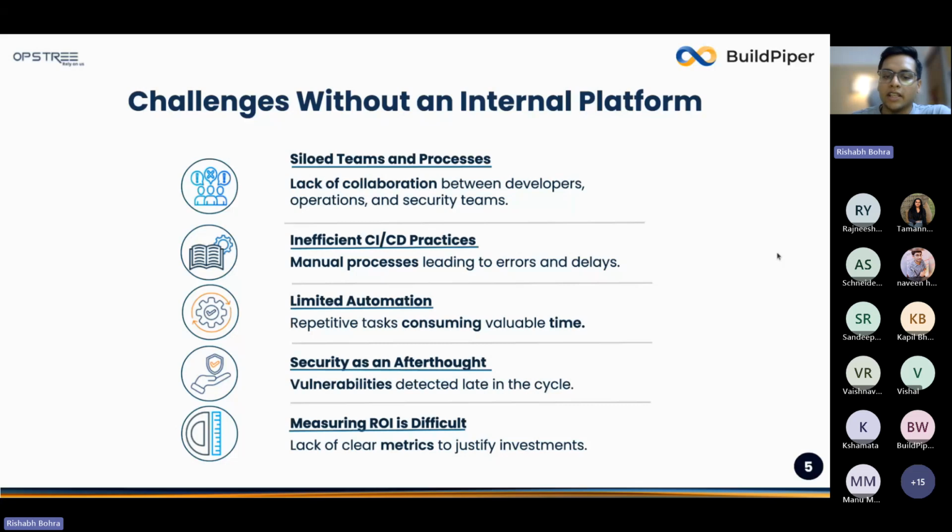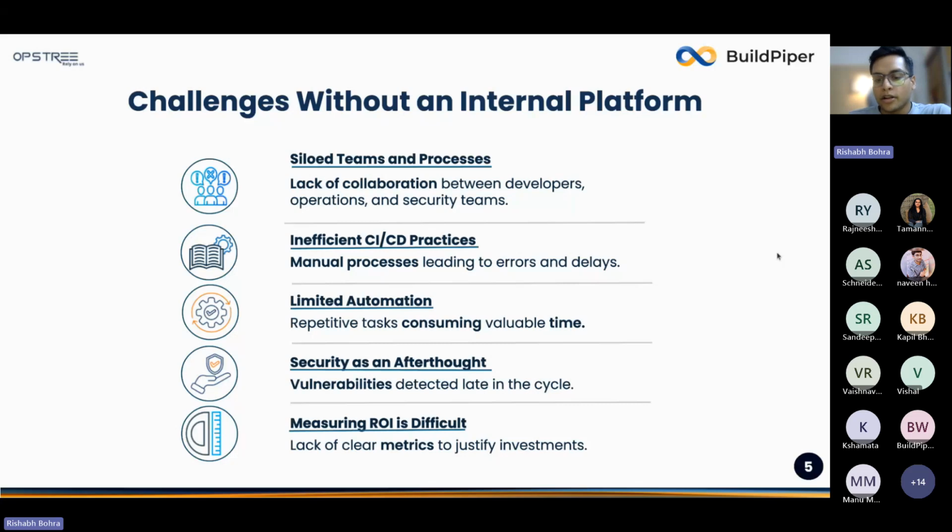This was not the case. Security was an afterthought, where vulnerabilities were detected later in the software development lifecycle, which caused a lot of delays and also spending of cost in terms of time and manpower.